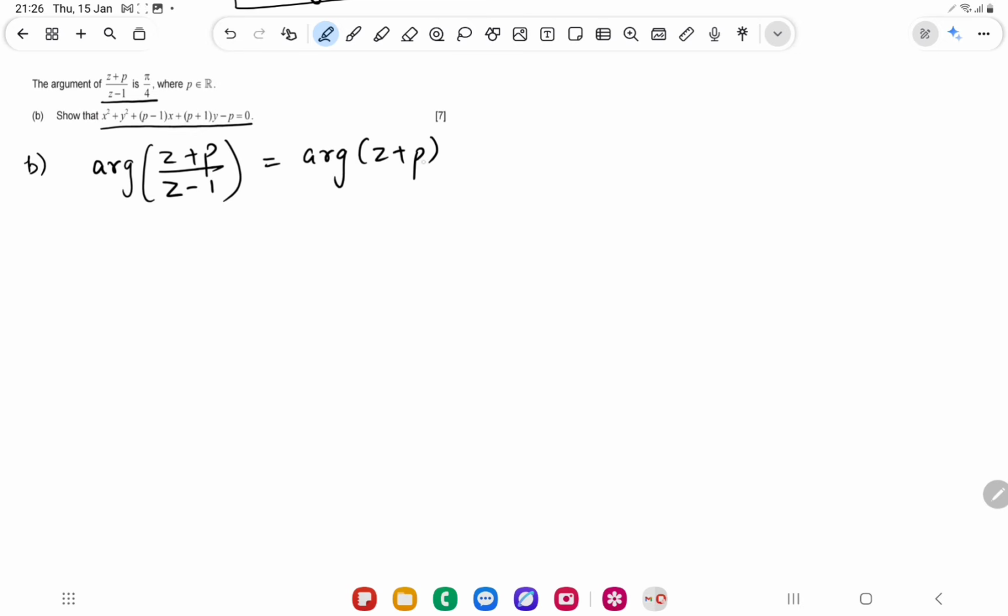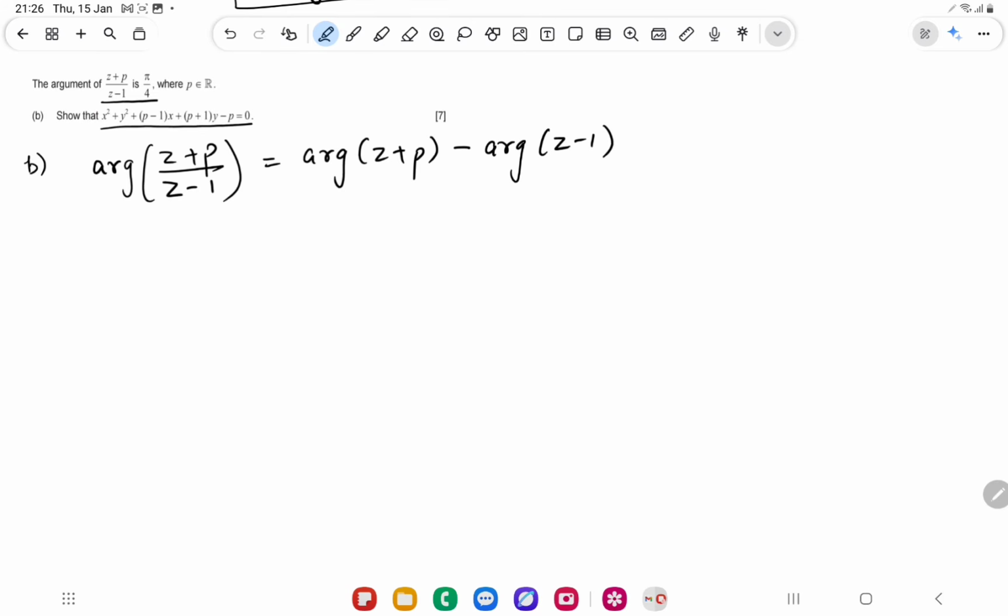Now in this part, the argument of (z plus p) upon (z minus 1) is given to us as pi by 4. Now we have to show that this equation is equal to 0. So let's start. Since the argument is given to us, first I will write it like this, and I can use this as argument of z plus p minus argument of z minus 1.